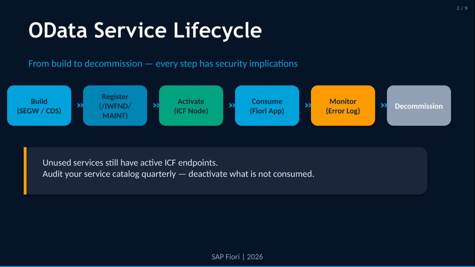This step creates an Internet Communication Framework node under /SAP/OPU/OData. That node is the entry point for your service, and every HTTP request to your service enters through it. If you skip proper activation or leave test services registered in production, you create an attack surface. Always deactivate services that are no longer in use and audit your service catalog quarterly.